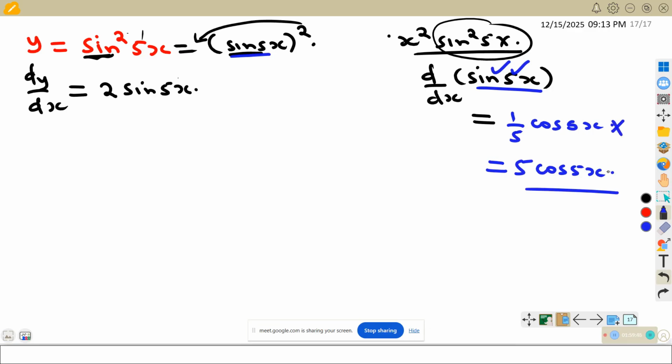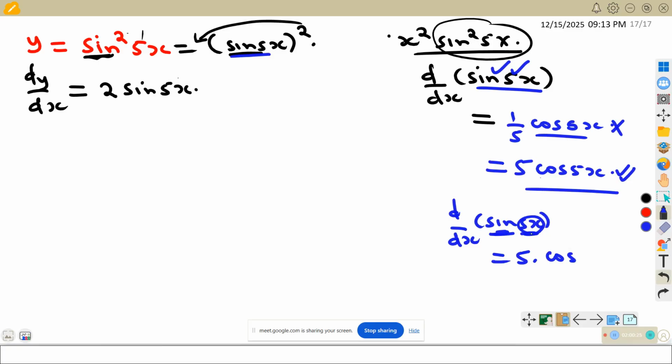Can anyone tell us which of these ones is now correct? We have this, we have this. Which one should we go with? From what we said, when you are differentiating sine of 5x, you differentiate this angle, so you get 5. Differentiate 5x with respect to x, then multiply by the derivative of sine. Derivative of sine is cos.